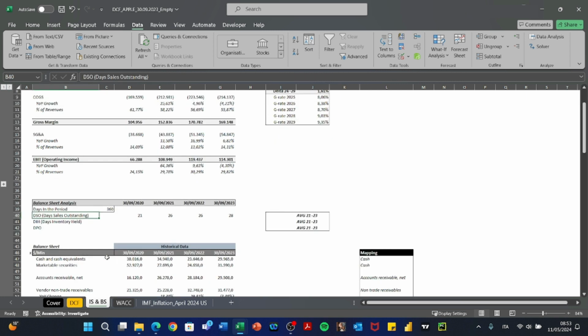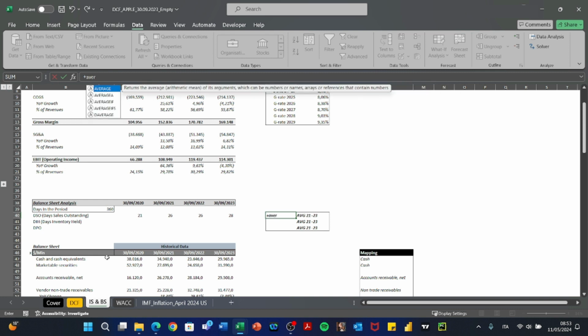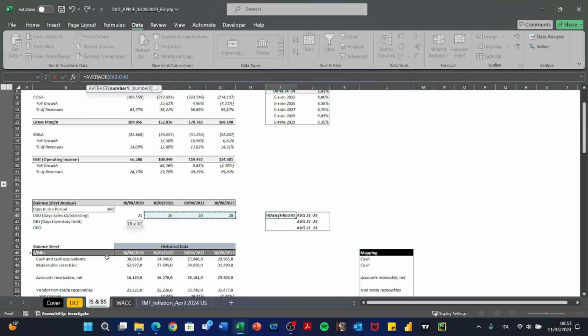In order to model our change in net working capital, I decided to use the average of the DSO, DIO, and DPO of the past 2 years. Okay.